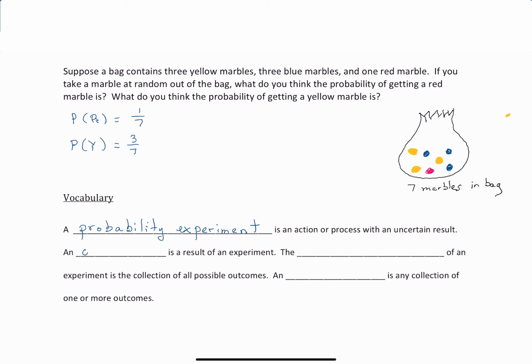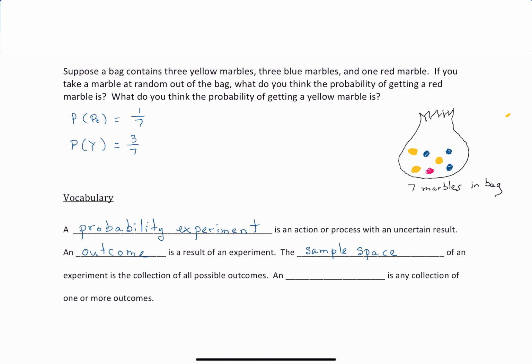An outcome is a result of an experiment. So in our marble example, there were 3 possible outcomes: yellow, blue, and red. The sample space of an experiment is the collection of all possible outcomes.